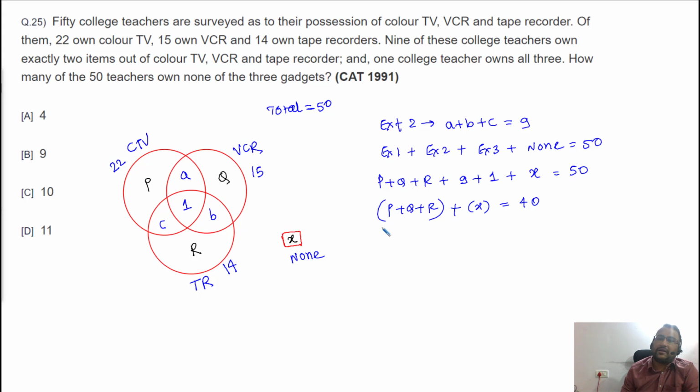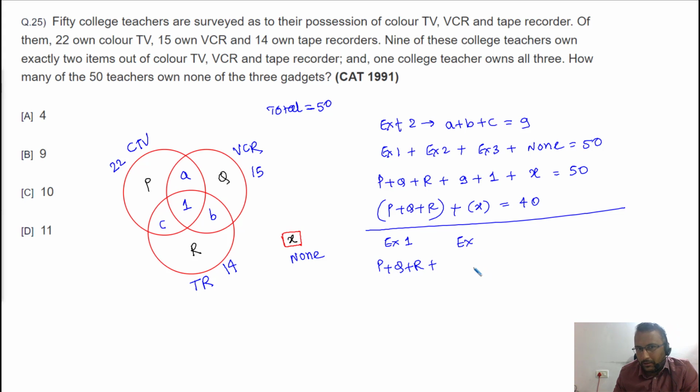So now we can take the help of the number of instances. Exactly 1 is P, Q, R, so the number of instances is P plus Q plus R. Exactly 2 is 9, or you can say exactly 2 is A plus B plus C. A is counted 2 times, in color TV as well as VCR.